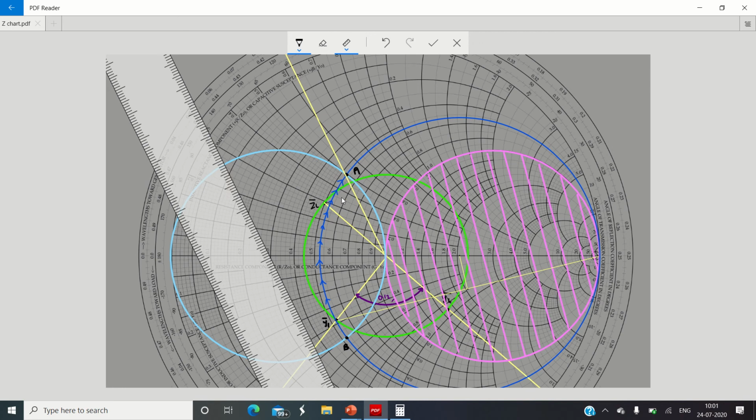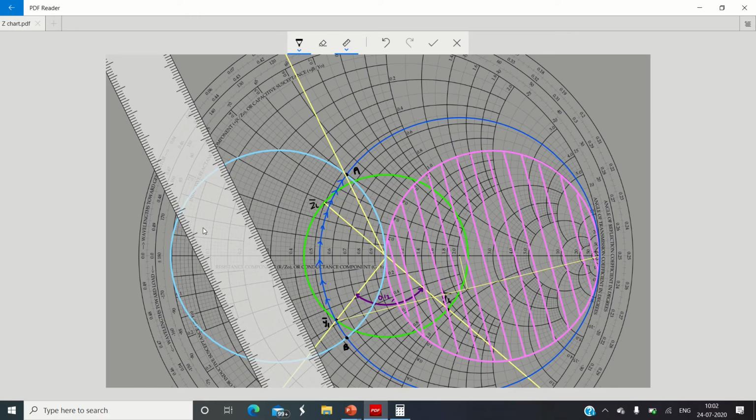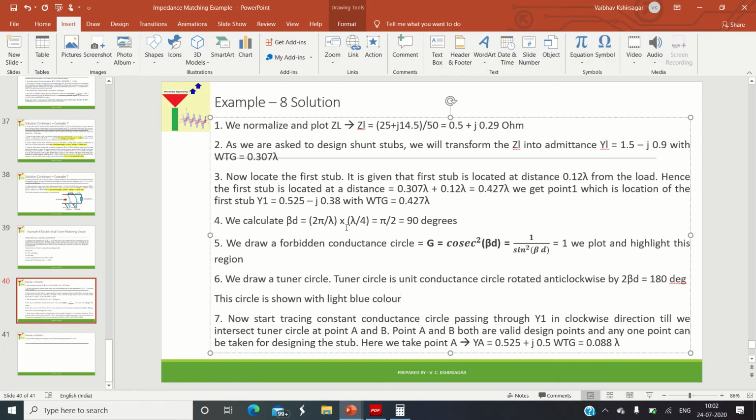So we need to take the difference of susceptance at point 1 and at point A. So here I will write that. The change in the susceptance is from minus j0.38 to plus j0.5. Okay, so make sure that you have read that value correctly.